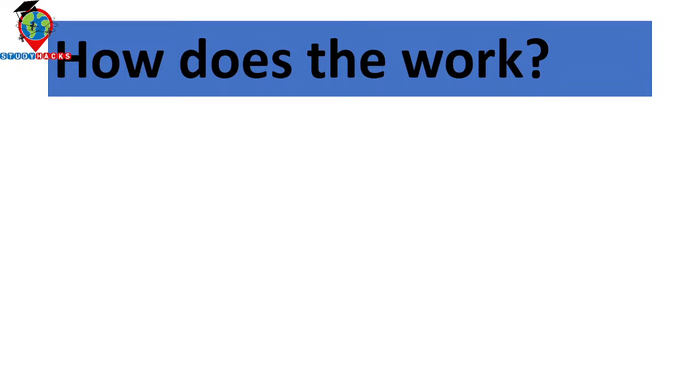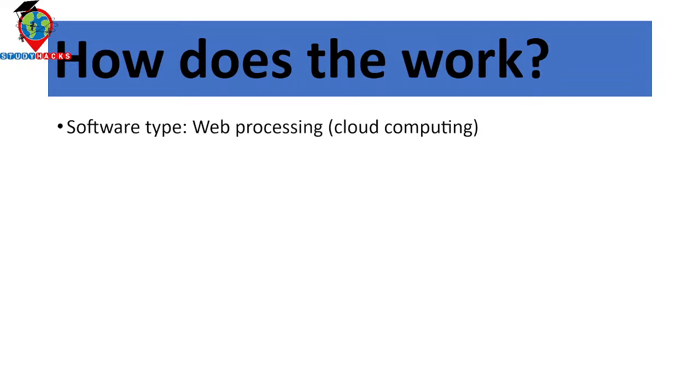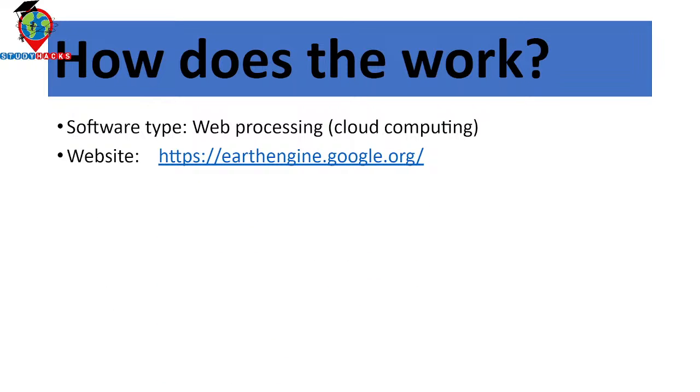This message is sent to the Google Earth Engine server, and I can get the satellite image from the server. So this type of software is web processing or a cloud-based platform, and it has its own server. This is the main website, earthengine.google.org. Accessibility must be online: when you want to use the Google Earth Engine platform, you must be connected online.